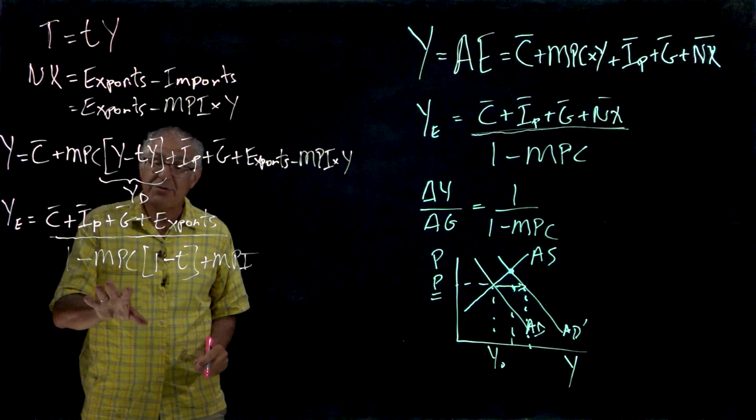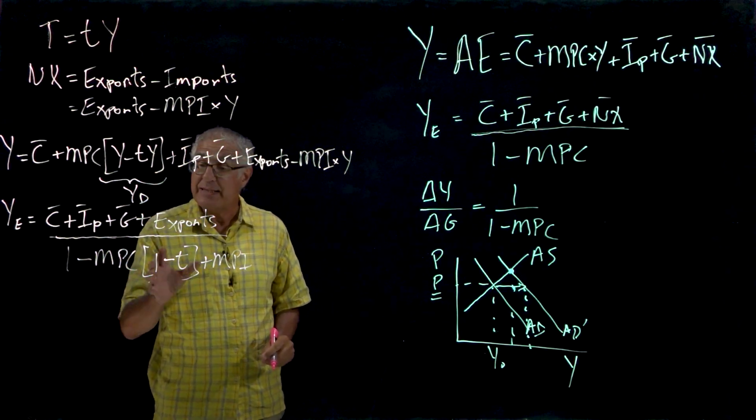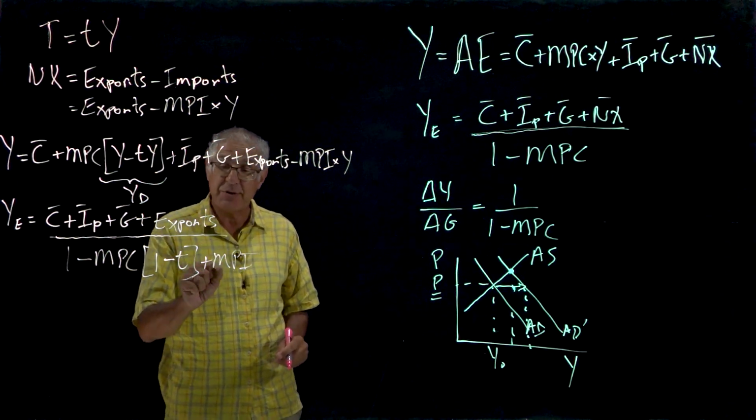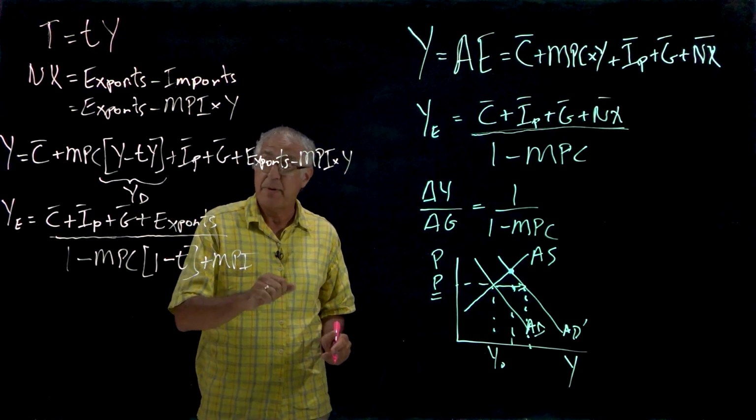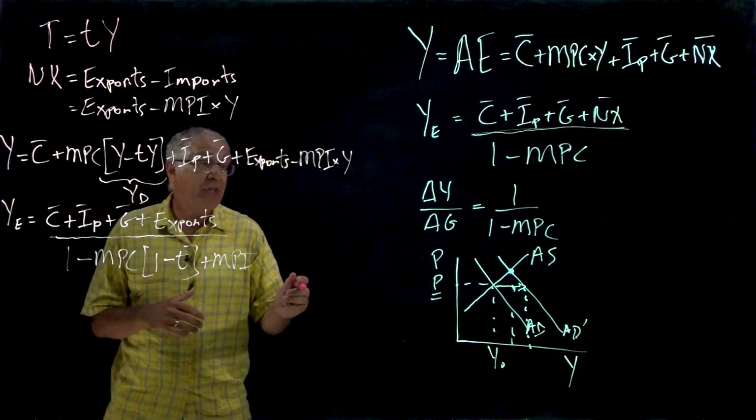So 1 minus the marginal propensity to consume times 1 minus the marginal tax rate, lowercase t, plus the marginal propensity to import.